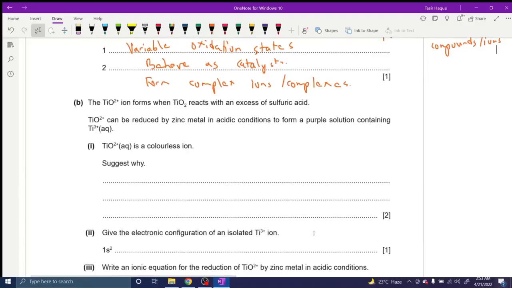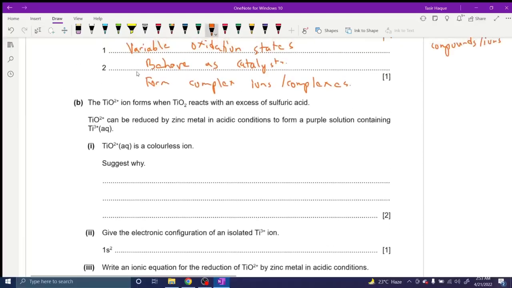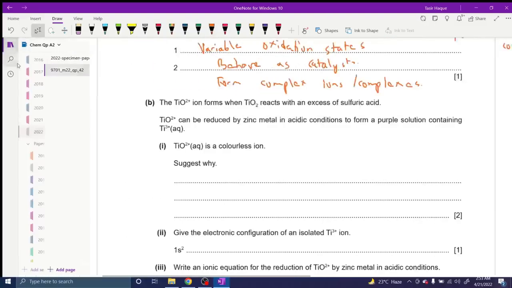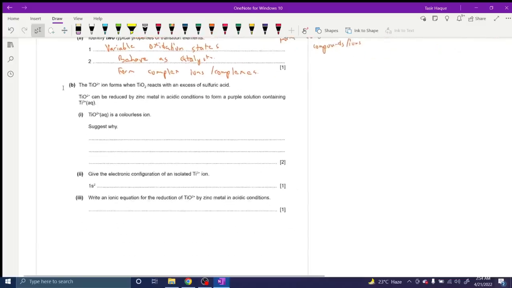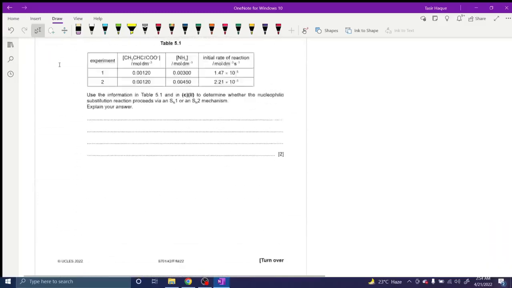The ion TiO2+ forms when TiO2 reacts with an excess of sulfuric acid. TiO2+ can be reduced by zinc metal in acidic condition to form a purple solution containing Ti3+. TiO2+ is a colorless ion. Why? Okay, so usually transition metals do not form colored compounds when they have no electrons in their d orbitals, or if it's full, like in copper 1+.